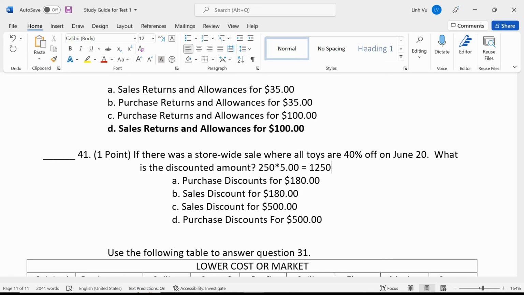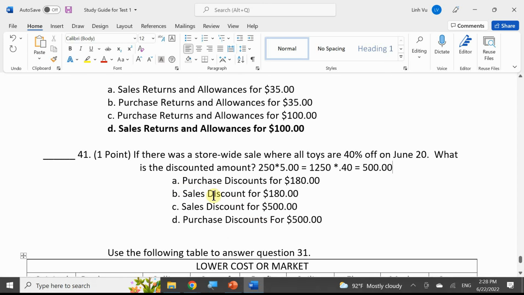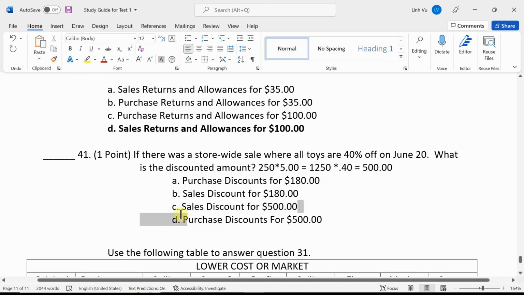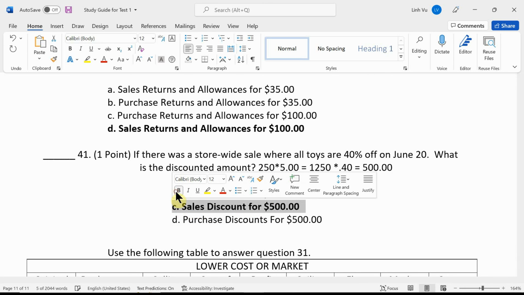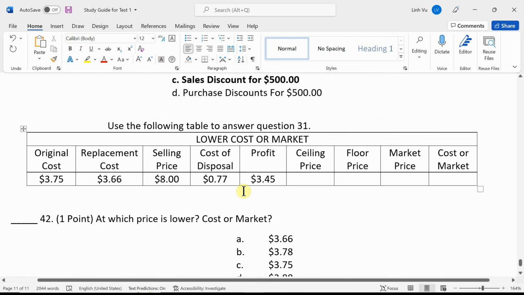Okay, that's for the total sale. But if I'm going to be discounting everything 40%, then how much is my total discounted amount? So it's a sales discount for $500. Yes. Right? Sales discounts for a total of $500, because this is me selling the product, not purchasing the product.